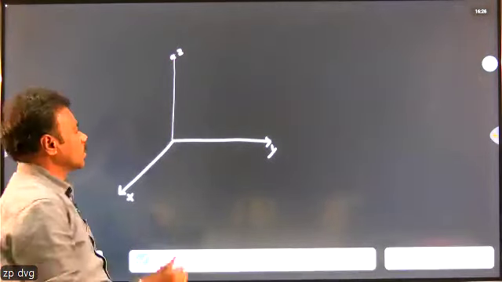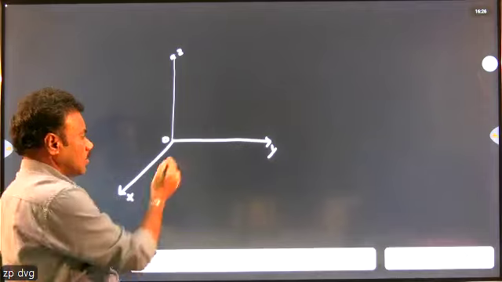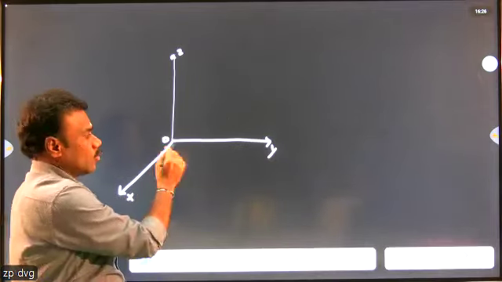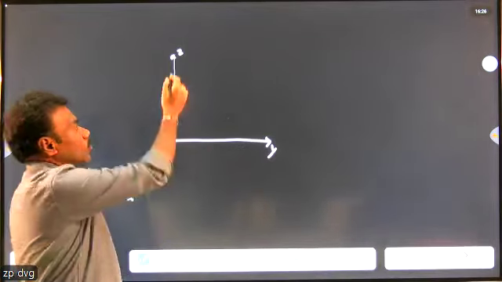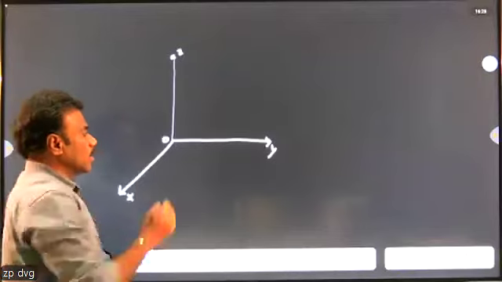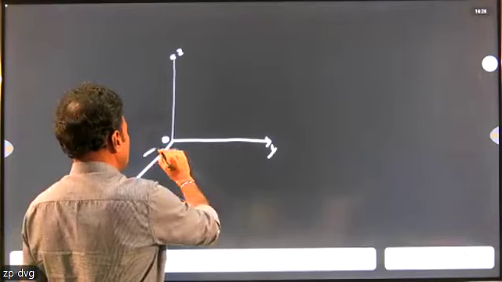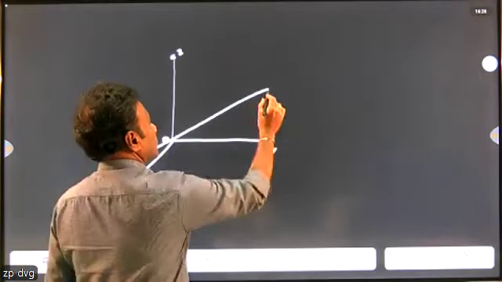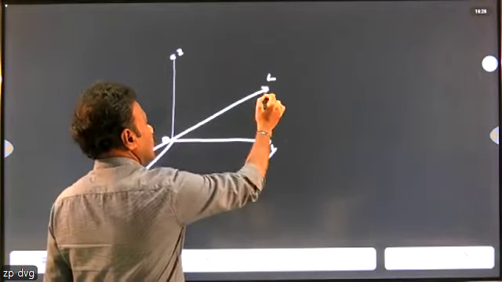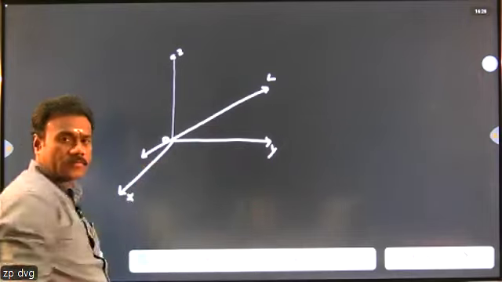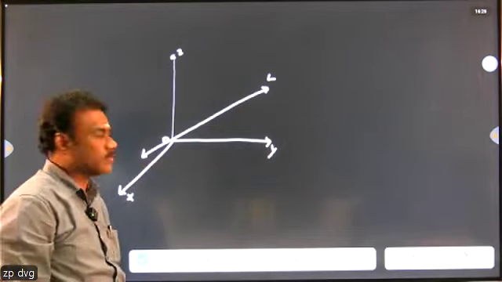If I take O as the origin, OX is the x-axis, OY is the y-axis, and OZ is the z-axis. Suppose you take a line L. Line L has two directions.